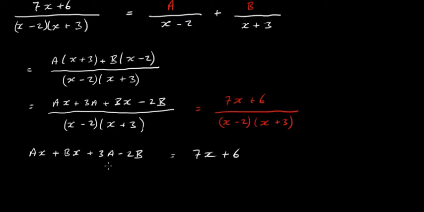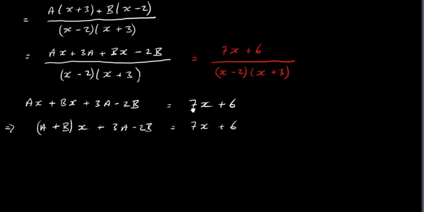I need to solve for what a and b would be to give me 7x plus 6. Well, I can factorize out the x's, which gives me a plus b times x, and then 3a minus 2b. This bit has no x's, so that's equal to 7x plus 6.